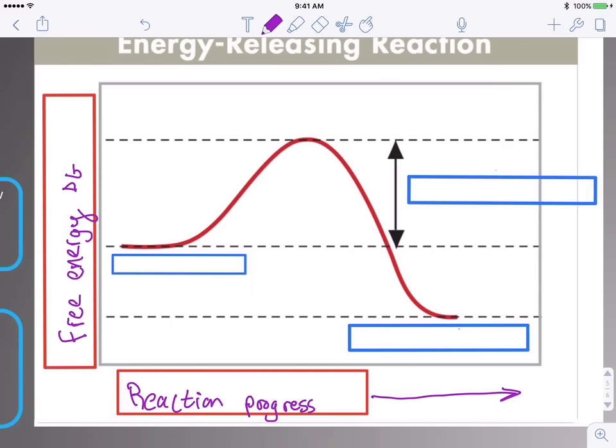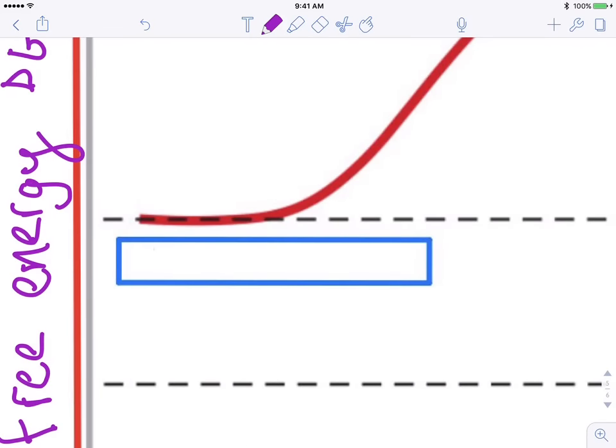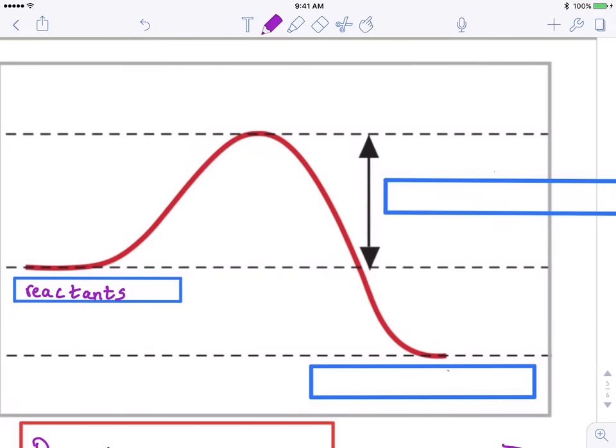This is still our reactants. And this arrow right here, put the same one right there, if that makes you feel better. This is our activation energy, just like it was in the first graph.